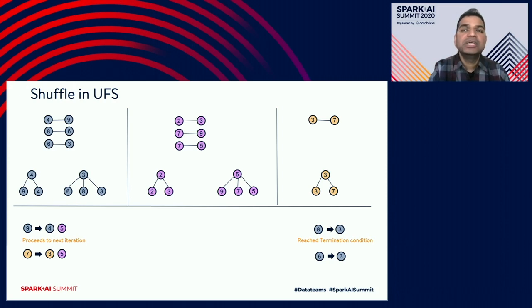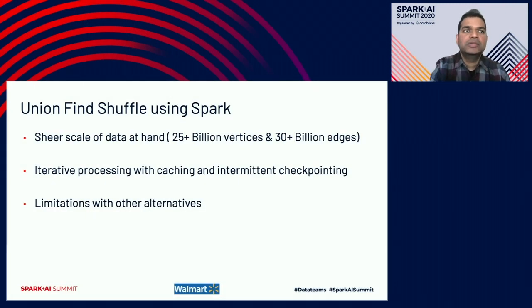So irrespective of how much volume of data we start with in terms of number of linkages, with successive iterations the volume reduces significantly, almost at a logarithmic level, and that's what makes this algorithm scale to billions of nodes to begin with. The combination of shuffle and termination condition is followed by the path compression as described earlier. This is what makes up the entire union find shuffle algorithm.